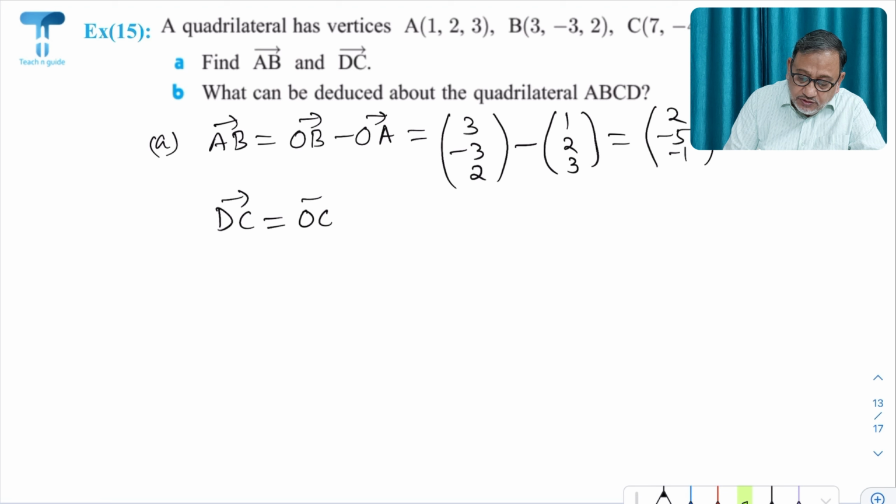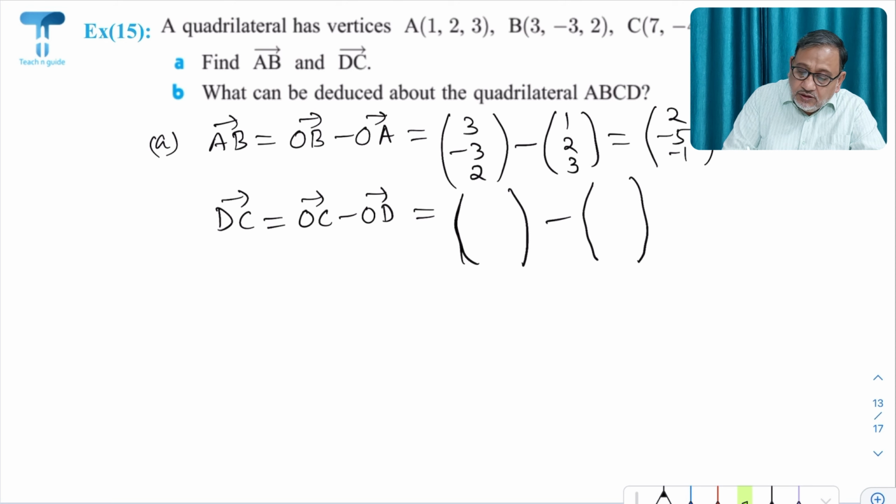So vector OC minus vector OD. Okay, in terms of position vector we write like this. So look here, OC, the coordinates of C we will write because it is starting with O. Okay, so we can use coordinates as components. (7, -4, 5). And OD is this (5, 1, 6).